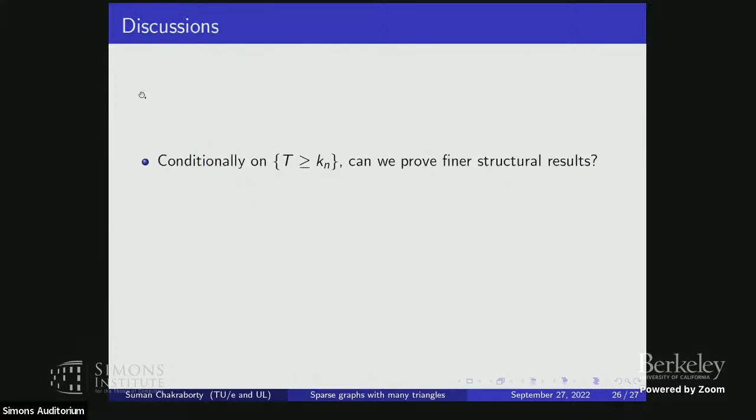Okay, and some open questions. Conditionally on the number of triangles being bigger than or equal to Kn, can we prove final results? I believe this is a hard question. We proved that it is an almost clique. Forget about our result: take a graph on n vertices with (1 minus 1 over log n) times n choose 2 edges.